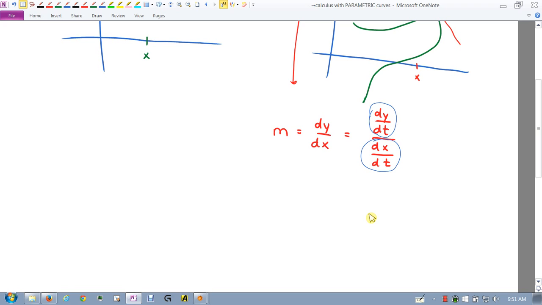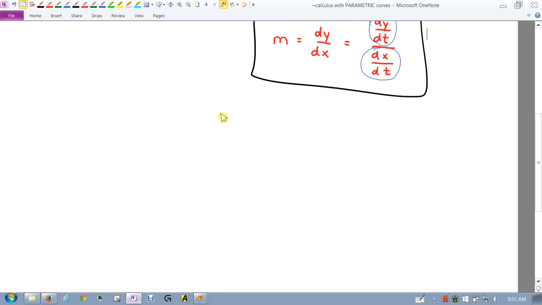So let's do an example. That's the big deal right there. That's what the slope of the tangent line will be.